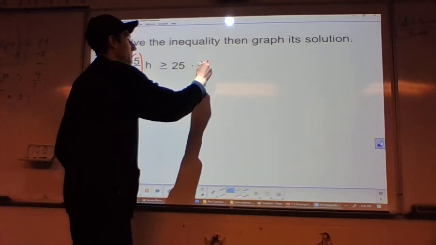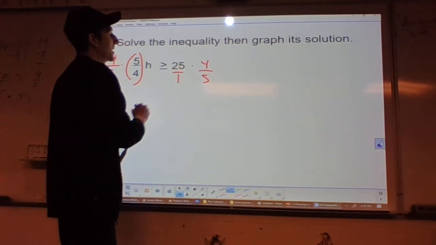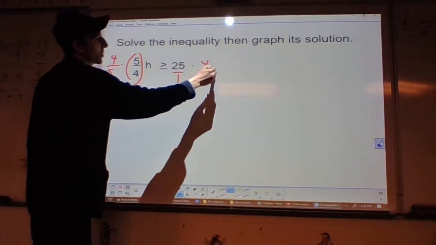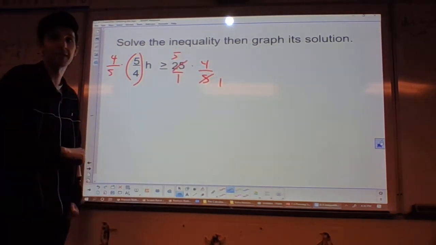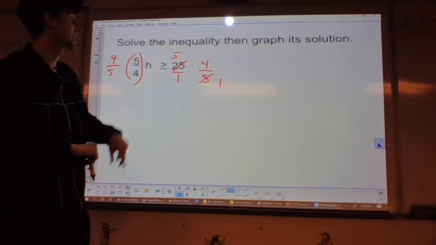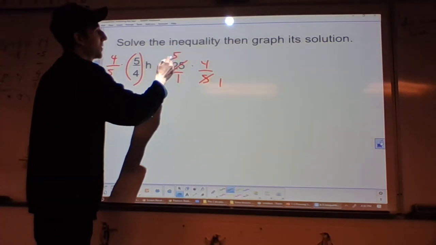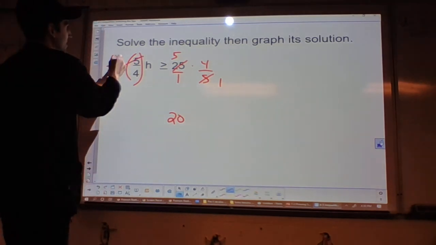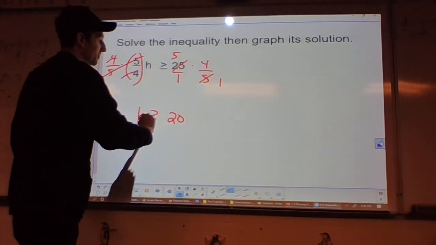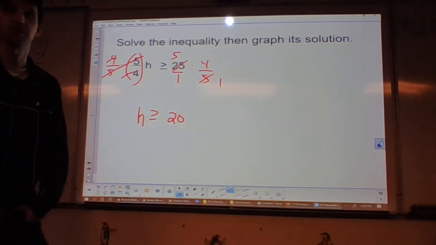So you're going to multiply both sides by 4/5, make this into 25/1, cross the diagonals off with dividing the diagonals. 5 divided by 5 is 1. 25 divided by 5 is 5. So I have 5 times 4, which is 20. So everything here is going to cancel. I have h is greater than or equal to 20 as my final solution.